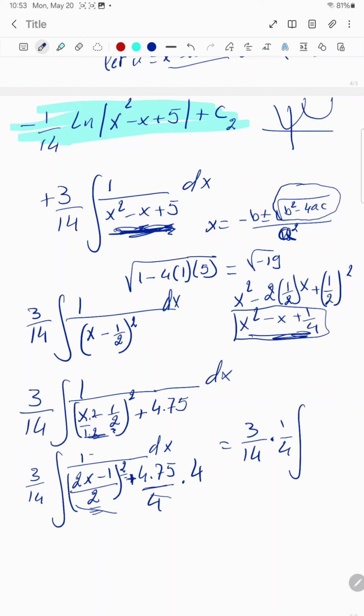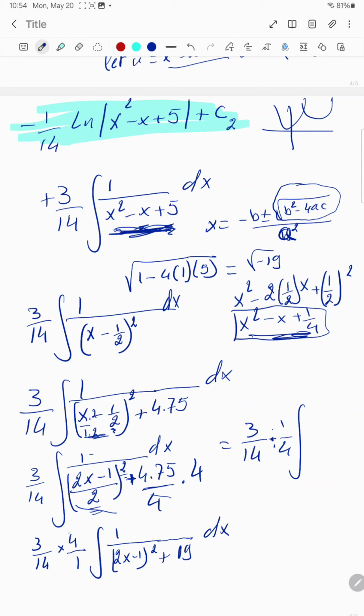integral. Let's write it on the new line. It becomes 3 over 14 divided by 1 over 4, so times 4 over 1, integral of 1 over (2x minus 1) squared plus 4 times 4.75 times 4. Let's do it. 4.75 times 4 is equal to 19, plus 19 dx.